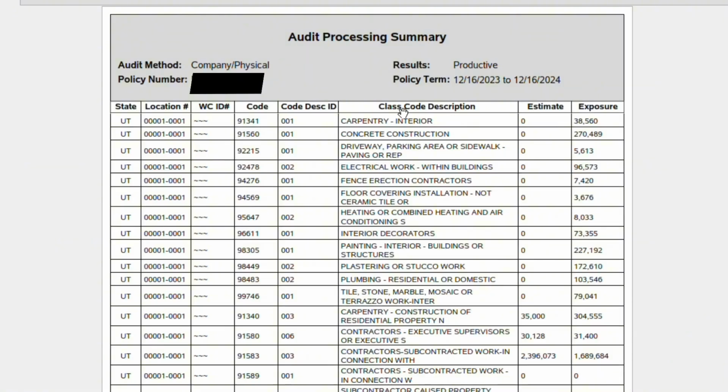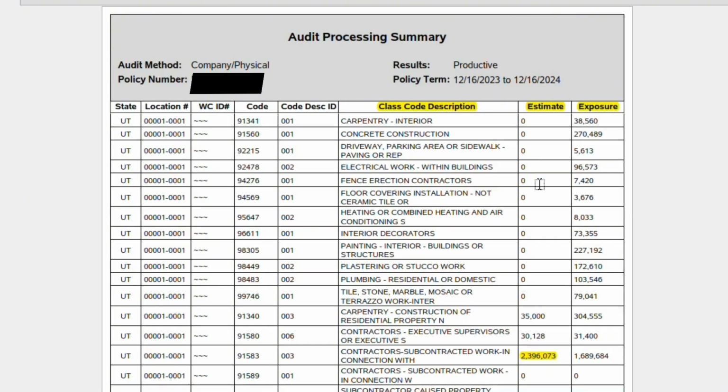A big one right here is painting or carpentry, all these different things. What happened is they had estimated $0 in payroll because they were going to be subbing out all of this work. In fact, we had estimated nearly $2.4 million in subcontracted costs, which has a really low rate.